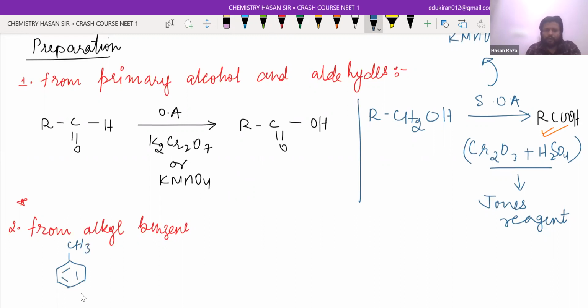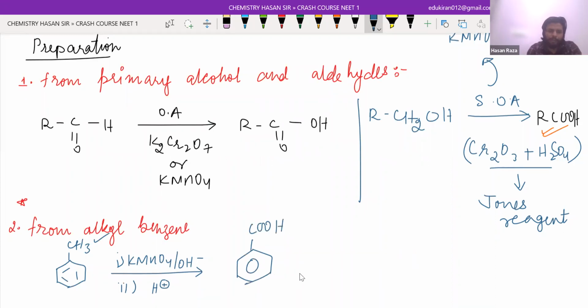Its common name is toluene. If you treat this toluene with the oxidizing agent KMnO4 in the presence of base, followed by acidification, this CH3 will be directly oxidized into carboxylic acid and you will get benzoic acid.